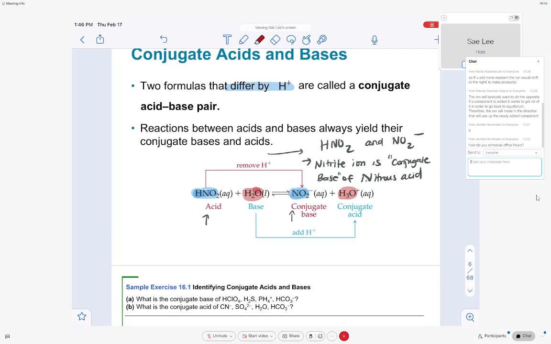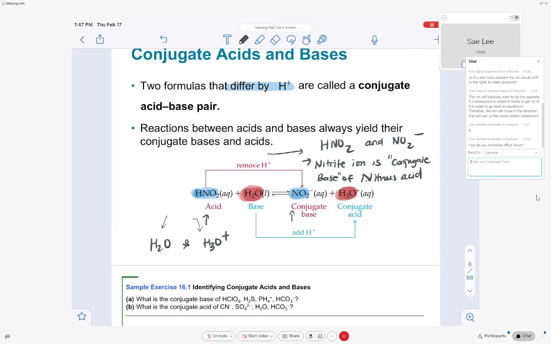Water and hydronium ion are also a conjugate acid-base pair. The only difference between water and hydronium ion is having an extra proton, not having an extra proton. Presence or absence of a proton.